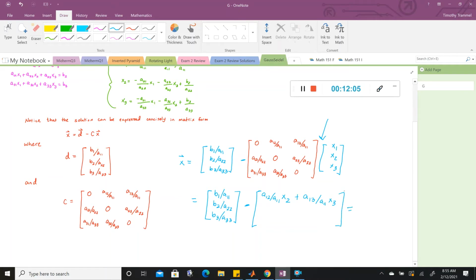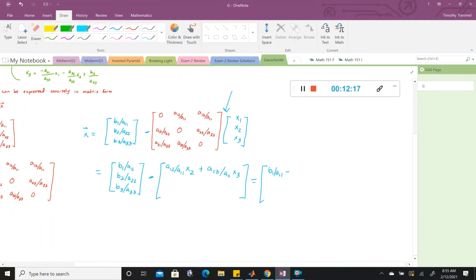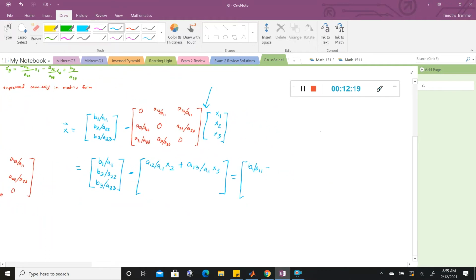And if I were to simplify doing this vector minus this vector now, we'd have that B1 divided by A11 minus both of these terms. Minus A12 divided by A11 x2, and minus A13 divided by A11 x3.